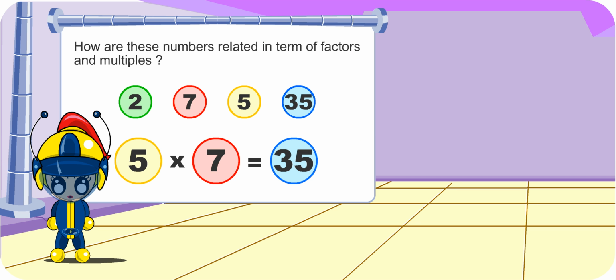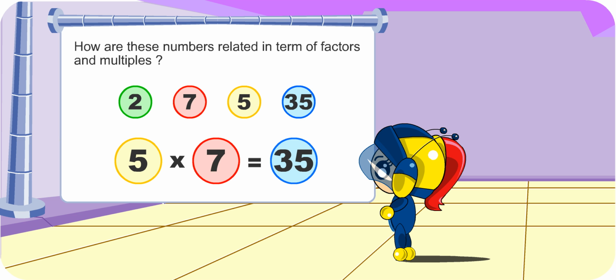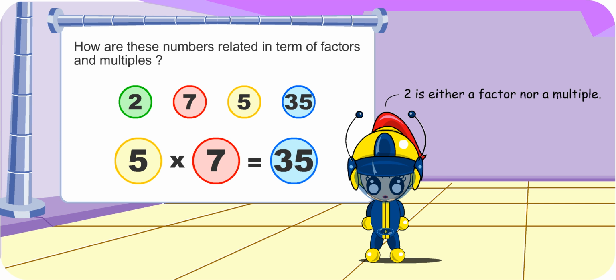Good. What about the number 2? Well, 2 is neither a factor nor a multiple of any of the three numbers. Very true. Now that you've understood factors and multiples, would you like to try solving a problem?